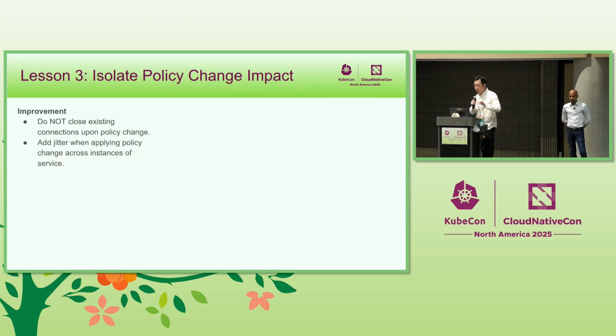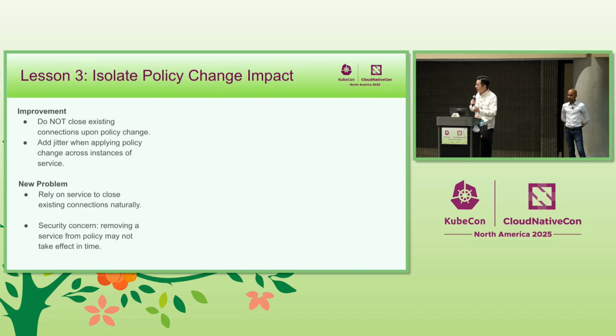So we made improvements to just not drain or close the existing connections when we are pushing policy changes. And we also add jitter to smooth out when we are applying the policy change. It will spread across all the instances of the services smoothly instead of applying them all at once.